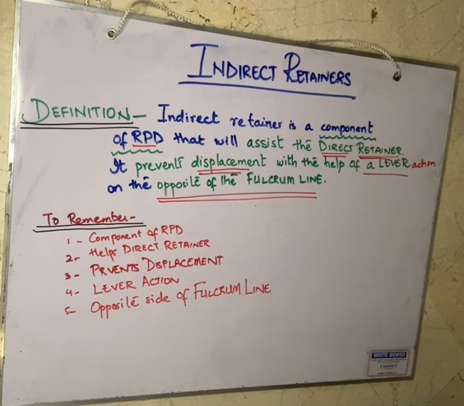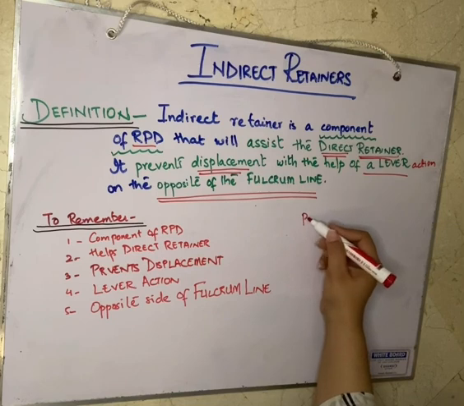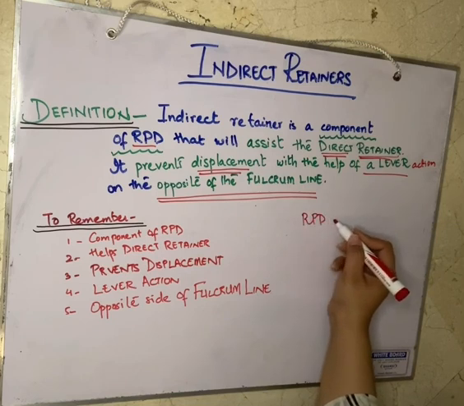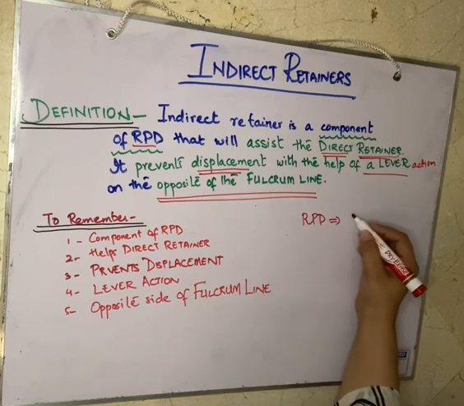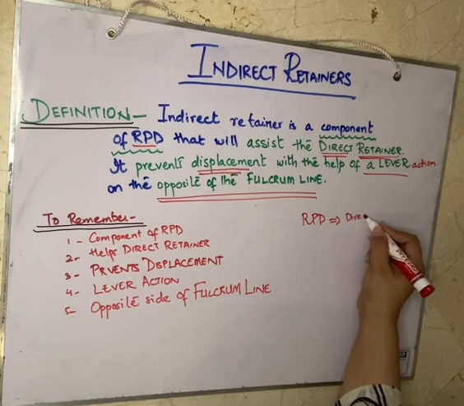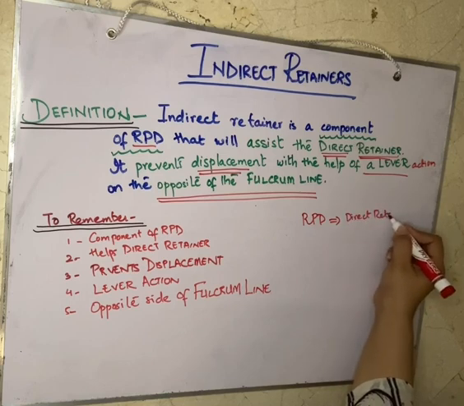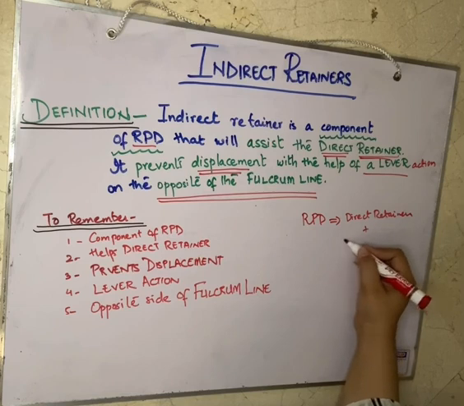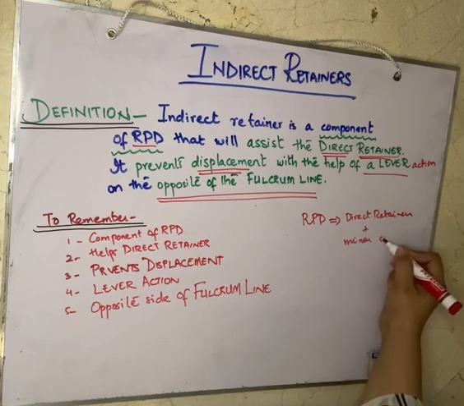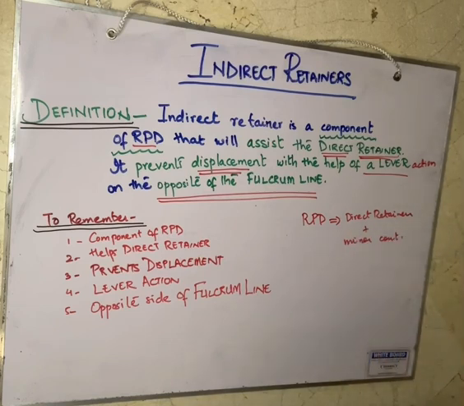So now, what are the points to remember in this? Firstly, we have to understand that an RPD consists of direct retainers and minor connectors. So what is the role of the indirect retainer in this?